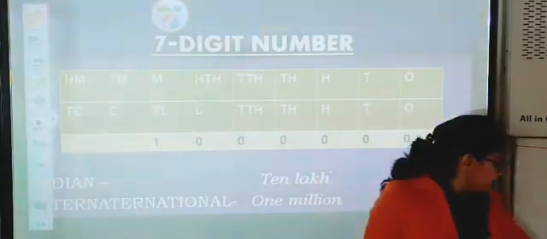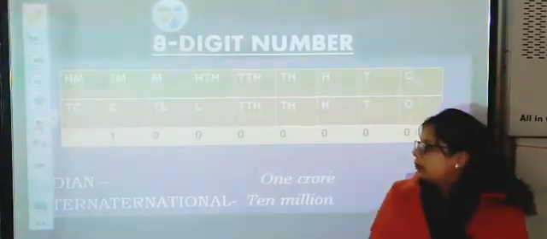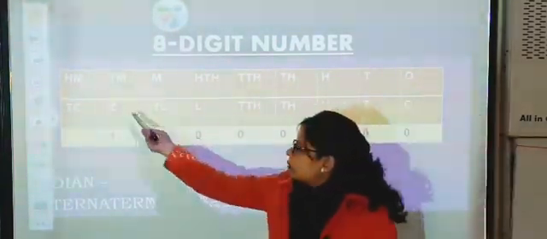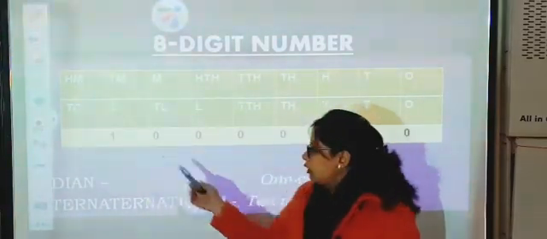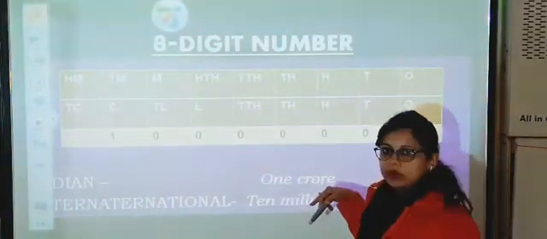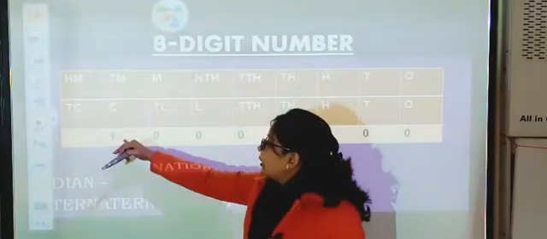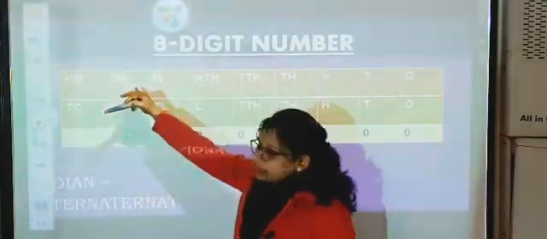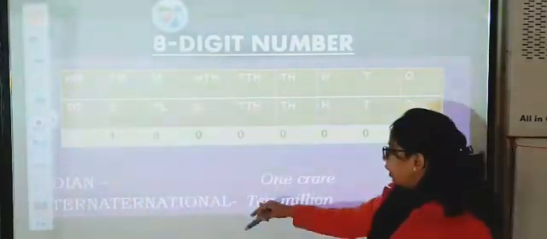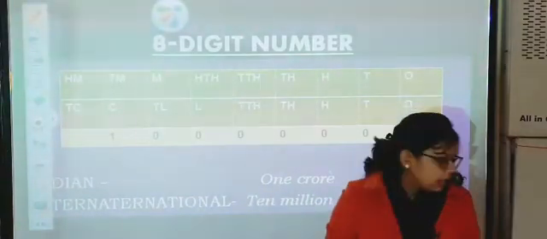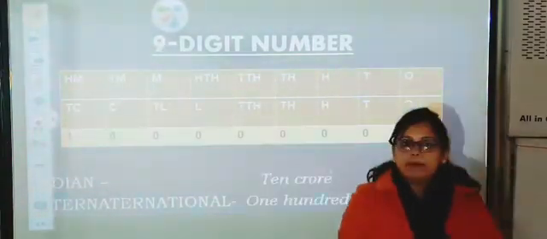Okay. Now in an 8-digit number, from the Indian number system 1 lies in the crore group, so we will name it 1 crore. Well, in the international number system 1 lies in 10 million, so we will call it 10 million. Now what if we have a 9-digit number?